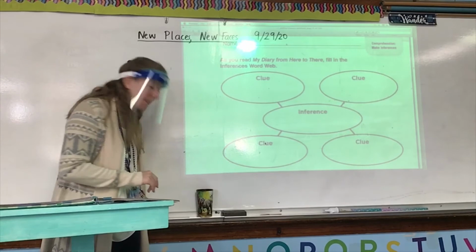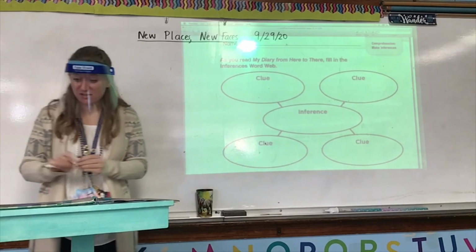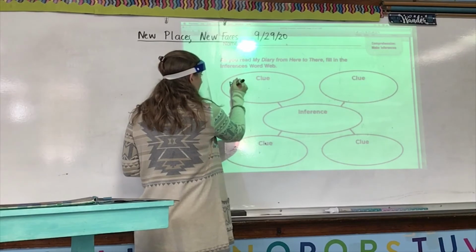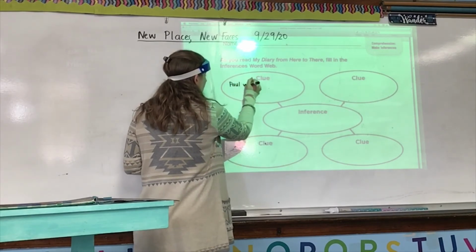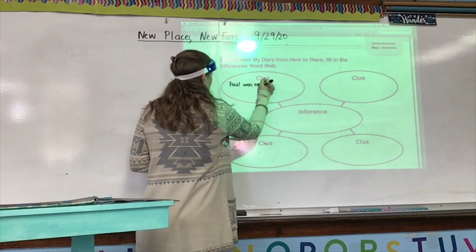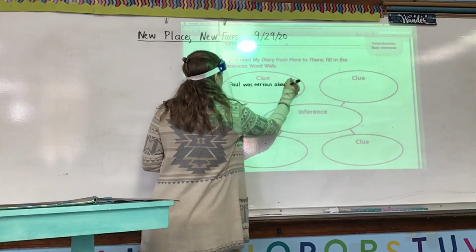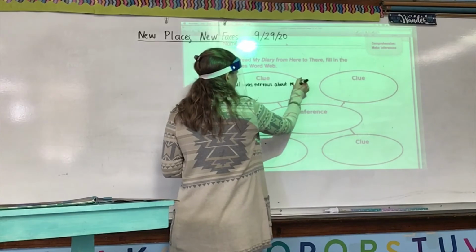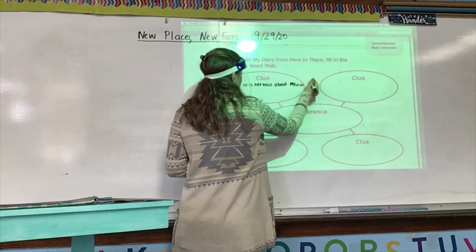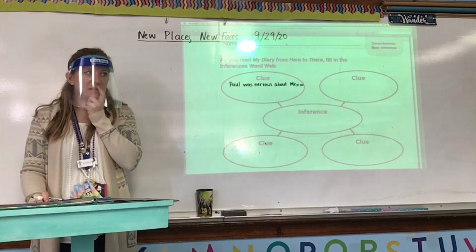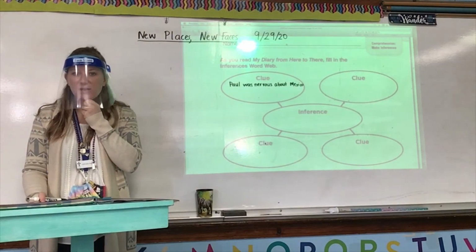Ethan? He felt scared. So, our first clue is going to start with Paul was nervous about Mexico, because we know we mean moving to Mexico. But is that all those first two paragraphs tell us about Paul's reaction?